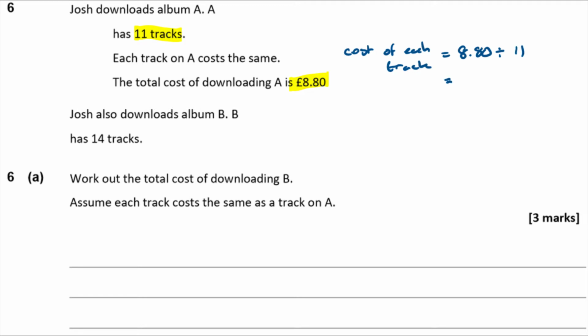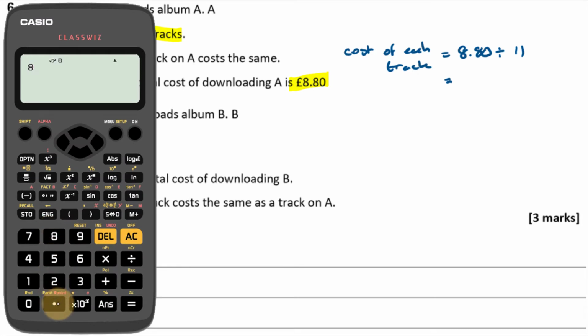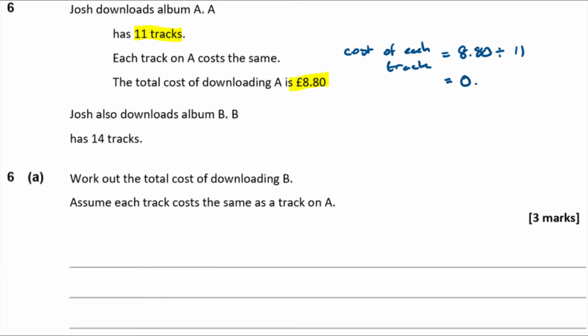So what's 880 divided by 11? Reach for the calculator. £8.80 divided by 11. That comes out to be 80p, 0.8, which is 80p, isn't it? So it's 80 pence a track. I'm going to rewrite it as 0.80.